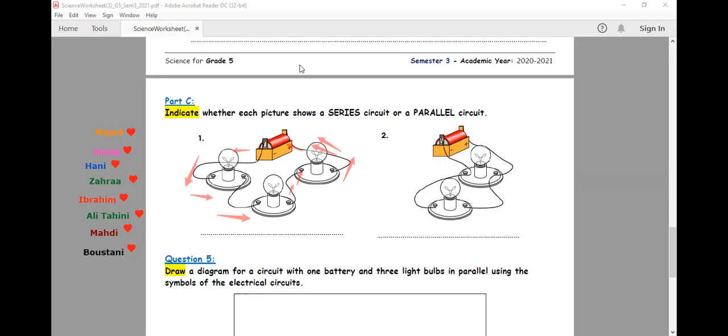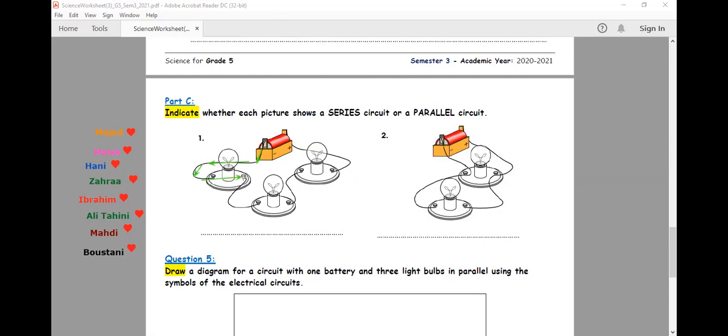Great job. So how many pathways are there for the electrons to flow in the first circuit? One. Look, electrons leave the negative side.